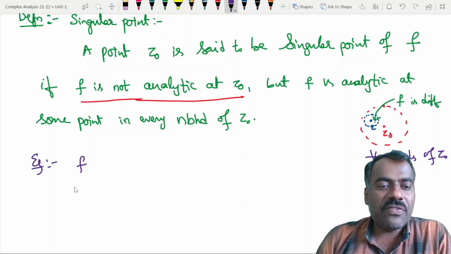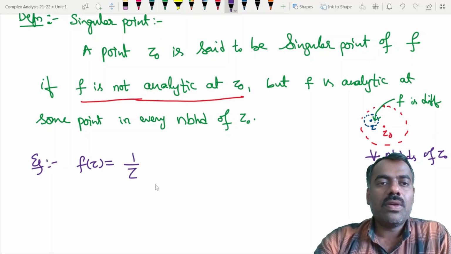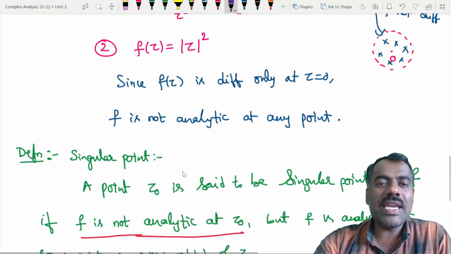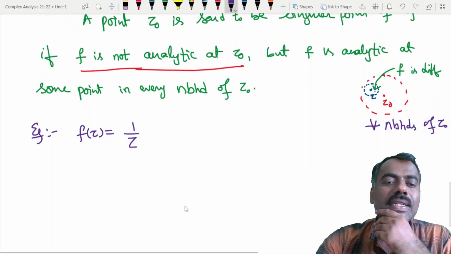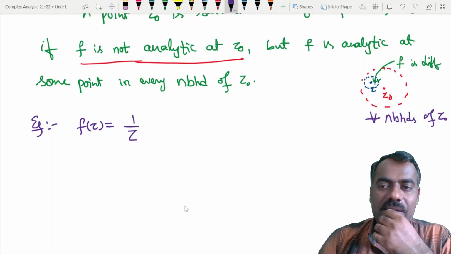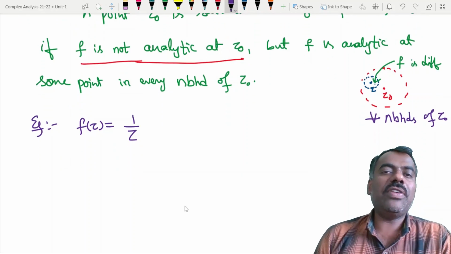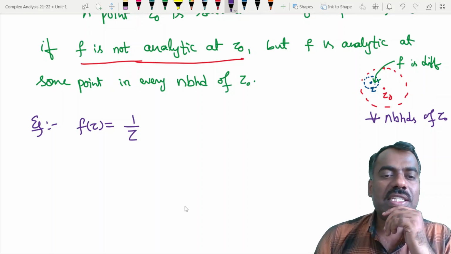If you take f of z equal to 1 by z, whether 0 is a singular point or not? We already know it is not analytic at 0, because it fails to be even defined at 0, right? It is not differentiable.